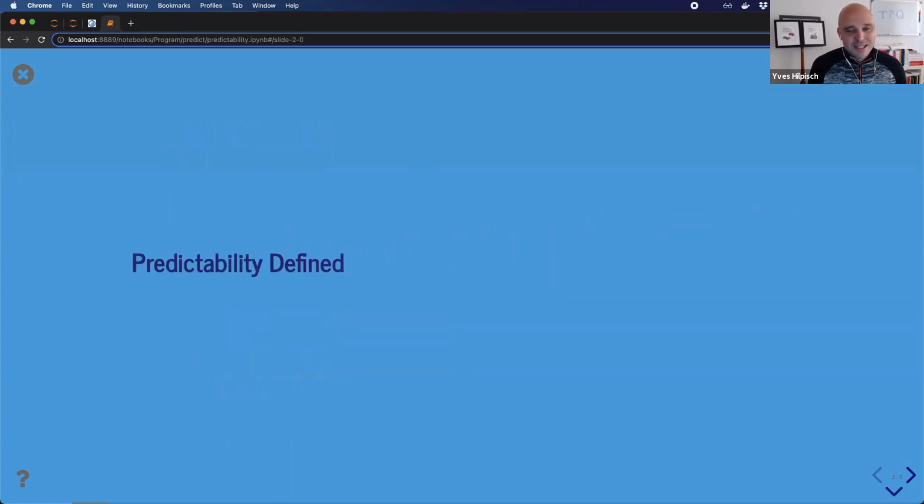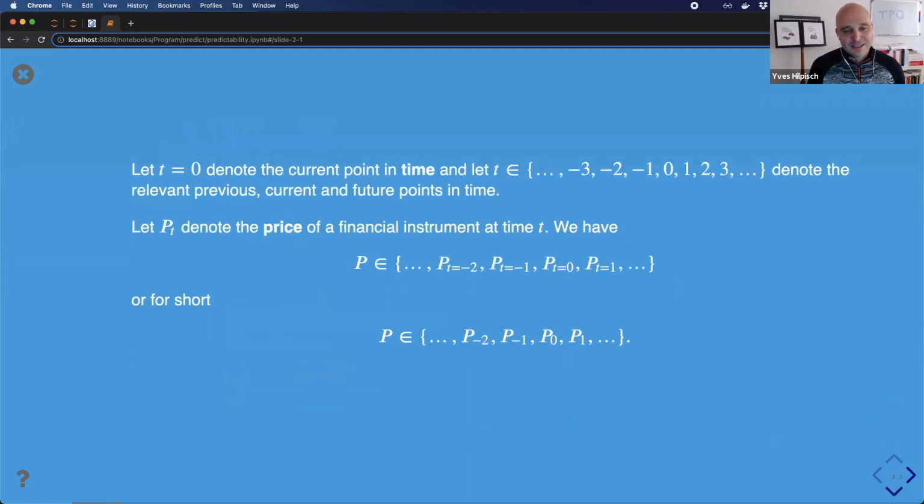Predictability defined. What do I understand with regard to predictability? So we have a simple setup where we have a current point in time, let's say today, or we think just in terms of days, where we have certain points in time which represent history.